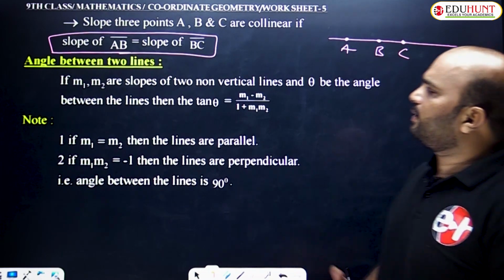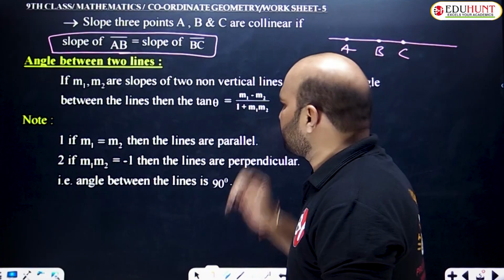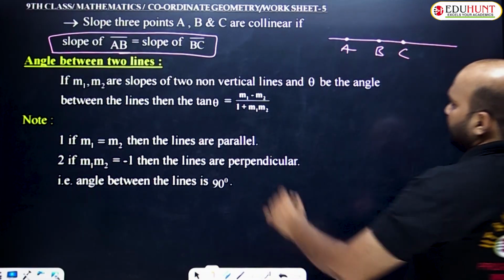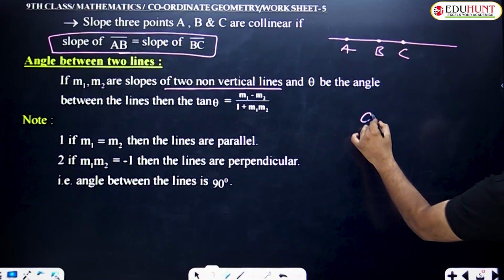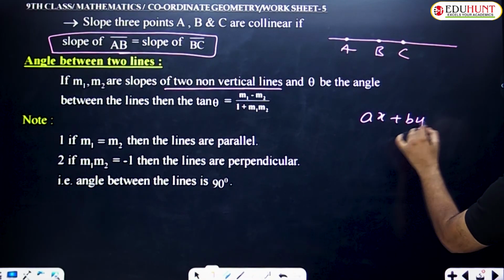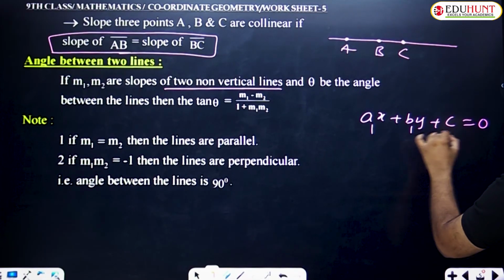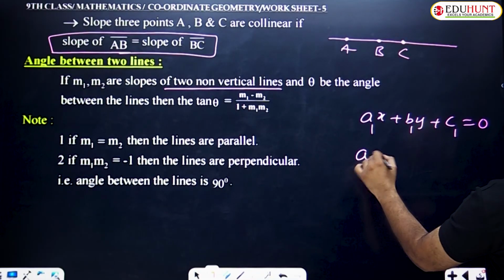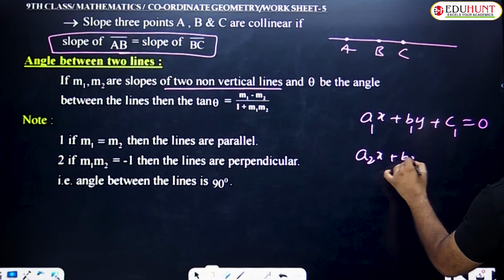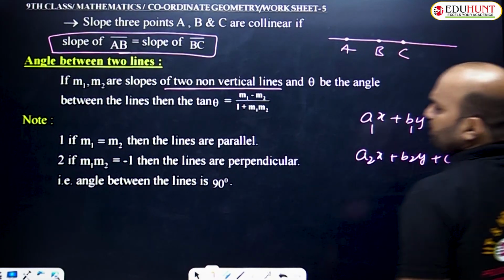So again, angle between two lines. How do we find the angle between two lines? If m1, m2 are slopes of two non-vertical lines, let me take a1x plus b1y plus c1 equal to 0 and a2x plus b2y plus c2 equal to 0, and theta is the angle between the lines.